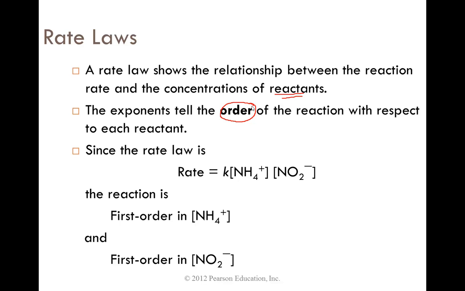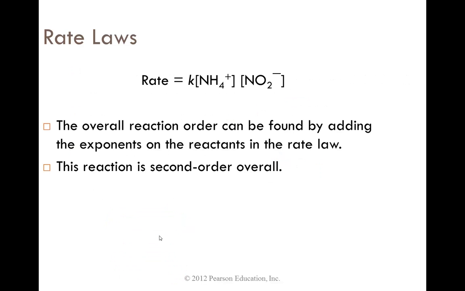Since the rate law is k[NH4+][NO2−], notice that there's no number written in here or here. You know from previous algebra classes that if there's no number written as the exponent, it's automatically a 1. This is telling us that NH4 is first order and NO2 minus also is first order.